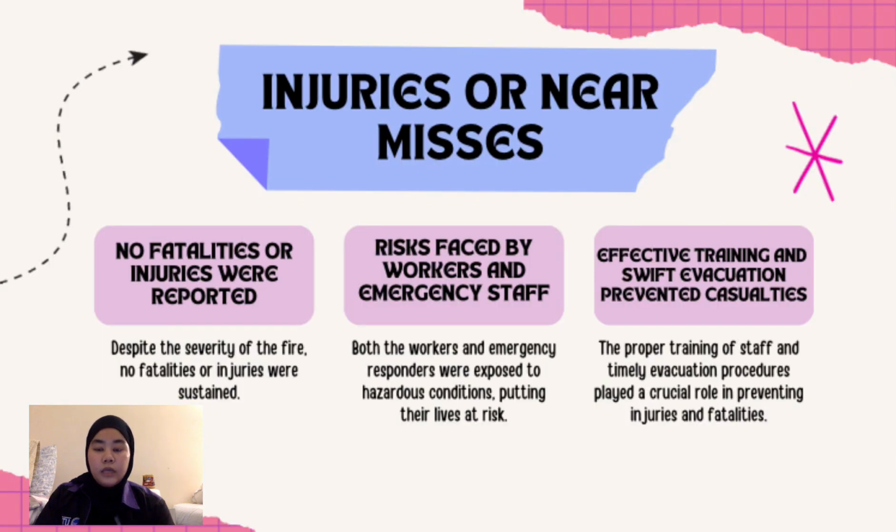For the next slide, fortunately, no fatalities or injuries were reported during this incident. However, both workers and emergency staff were at significant risk due to the nature of the fire. Quick thinking, proper training, and swift evacuation protocols likely prevented casualties and minimized harm.